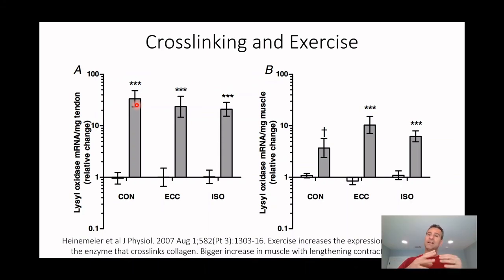You didn't break any, so that means you're going to get stiffer. If you've done isometric or eccentric, yeah, you're increasing lysyl oxidase activity, but you've broken a lot of crosslinks. So now you're either going to stay the same stiffness or go down just a shade, but not a huge amount. So that's really how we're modulating the stiffness at the gross level.